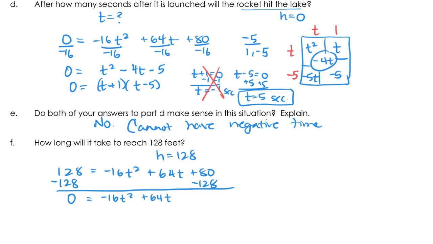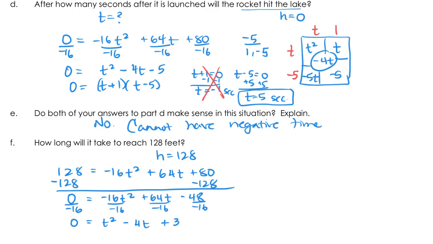I've lined up my like terms, and 80 minus 128 gives me negative 48. You could do the quadratic formula right here, but I'm recognizing that negative 16 can divide into all of these again. So that's where I start, to see if this is factorable. And I'm left with t squared minus 4t plus, because the negative divided by negative is a positive, 3.